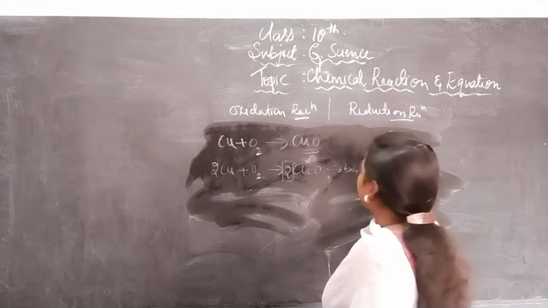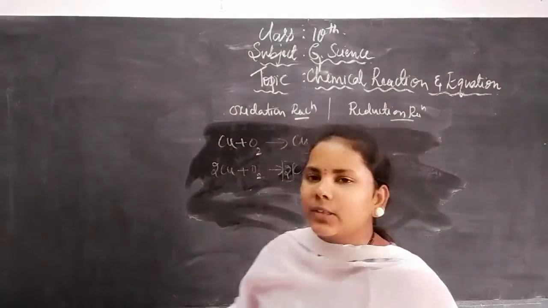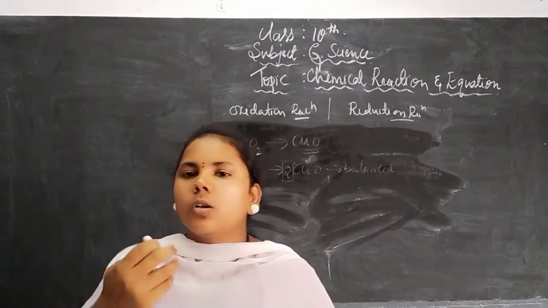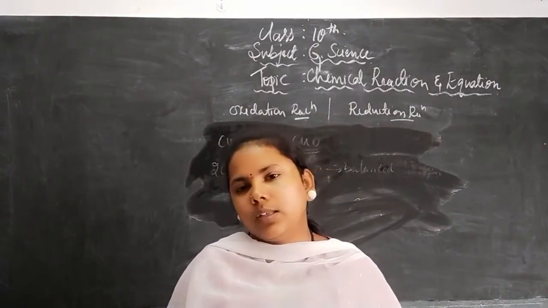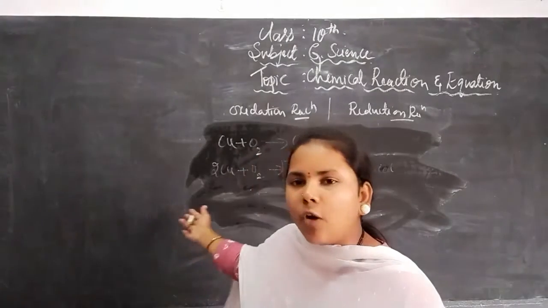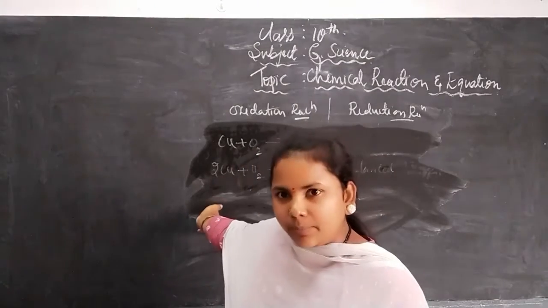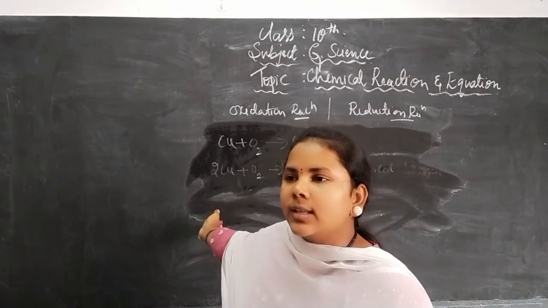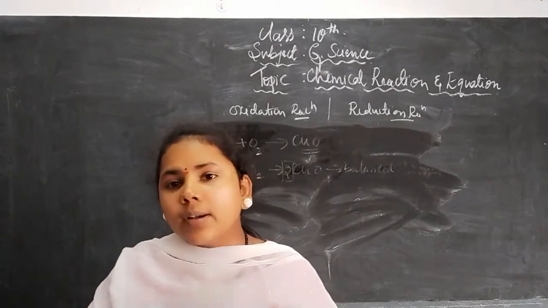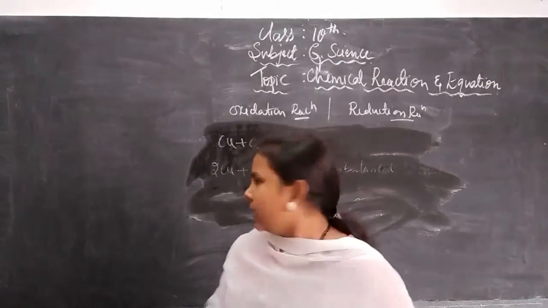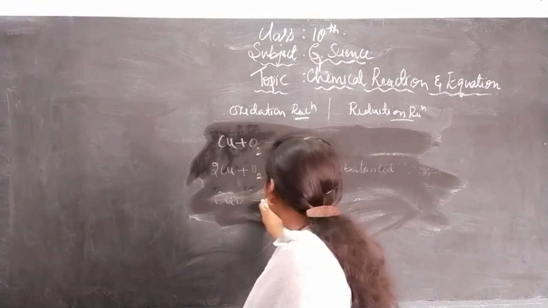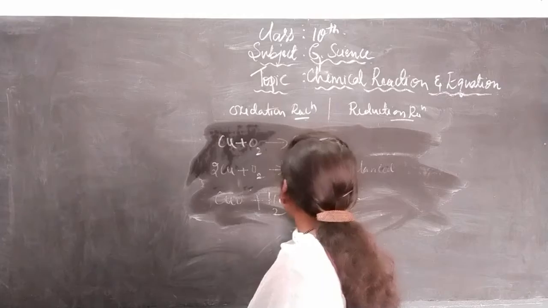Now what I am going to tell you is, when copper is heated with oxygen, by passing oxygen through it, what happens? A black layer forms, called copper oxide. Then the copper oxide is further passed over hydrogen gas.